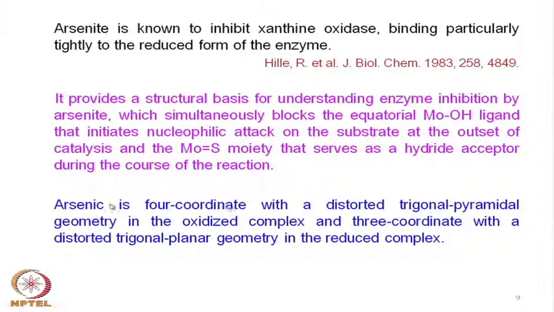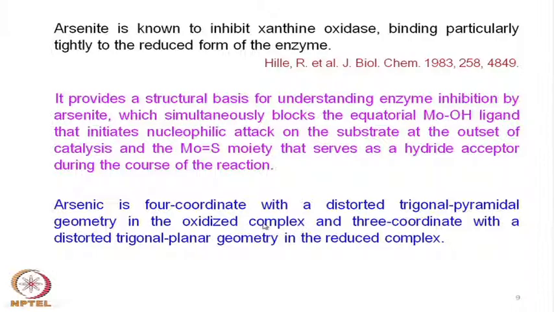We will continue this part also, because the arsenic-inhibited form is a four-coordinated one with a trigonal pyramidal geometry in the oxidized form, and the three-coordinated form has a distorted trigonal planar geometry in the reduced complex.